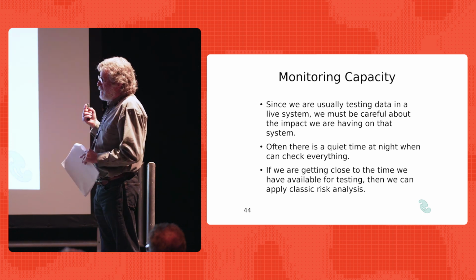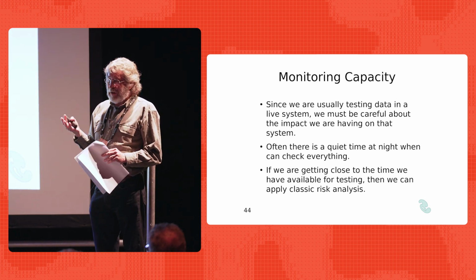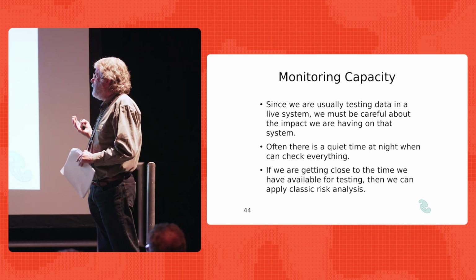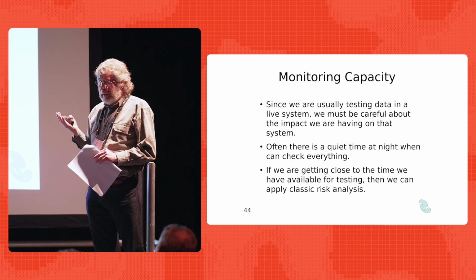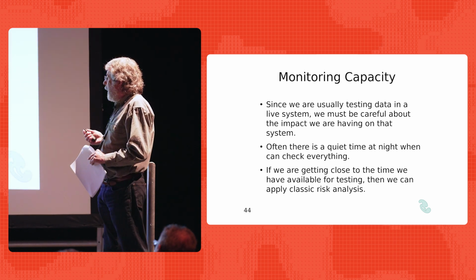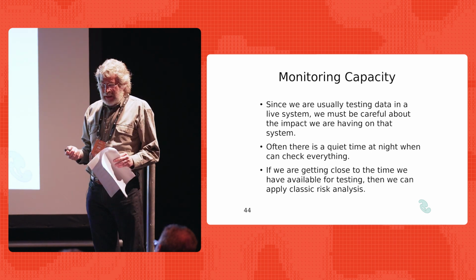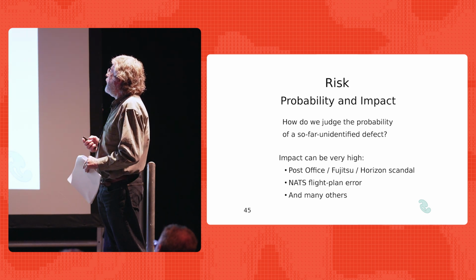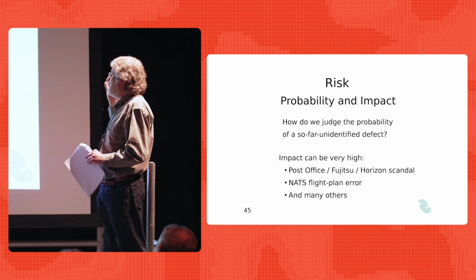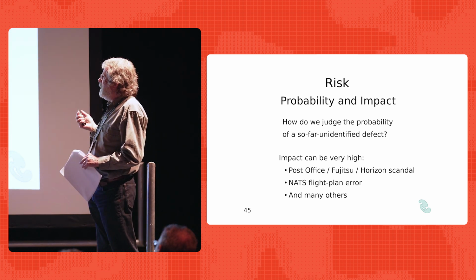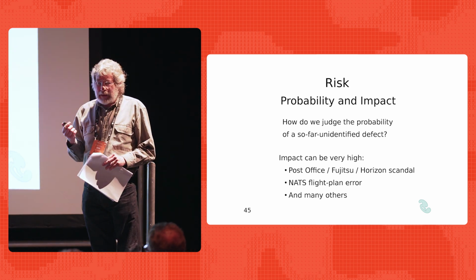Since this is most useful in a live system, we have to be careful about what impact we're having. Often there's a quiet time at night, but often there are batch processes running at night time. We have to look at how much of this testing we can do and coexist nicely with other things that are there. So, standard risk analysis: what's the probability of a so far unidentified defect, and what would be the impact?